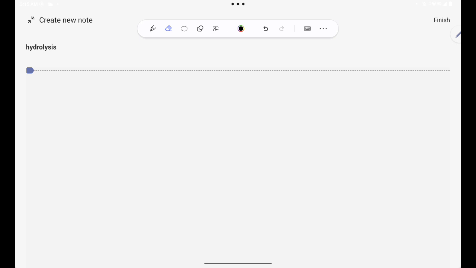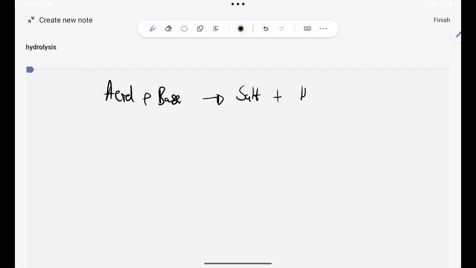hydrolysis. Remember that whenever you add an acid plus a base, we'll get salt plus water, provided that both acid and base are in aqueous solution form. For example, let's take ethanoic acid, CH3COOH, plus a base.